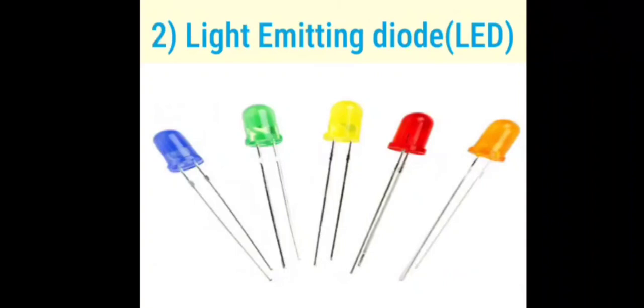The concentration of the minority carriers increases. Then these minority charge carriers recombine with the majority charge carriers near the junction. See what happens here near the PN junction: minority charge carriers are recombined with the majority charge carriers.